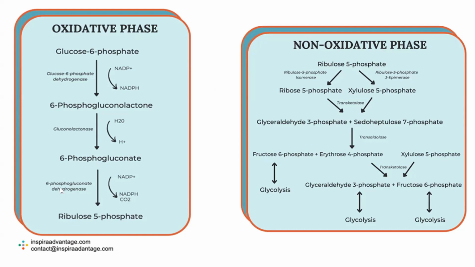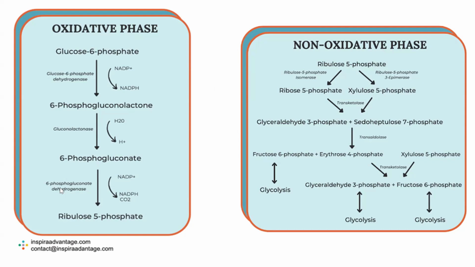And then at the same time, another enzyme called transaldolase converts the two molecules, glyceraldehyde 3-phosphate and sedoheptulose 7-phosphate, into products that include glucose 6-phosphate, erythrose 4-phosphate, as well as xylulose 5-phosphate. Glucose 6-phosphate is a substrate for glycolysis, so it can be channeled into glycolysis, and it's a reversible reaction.